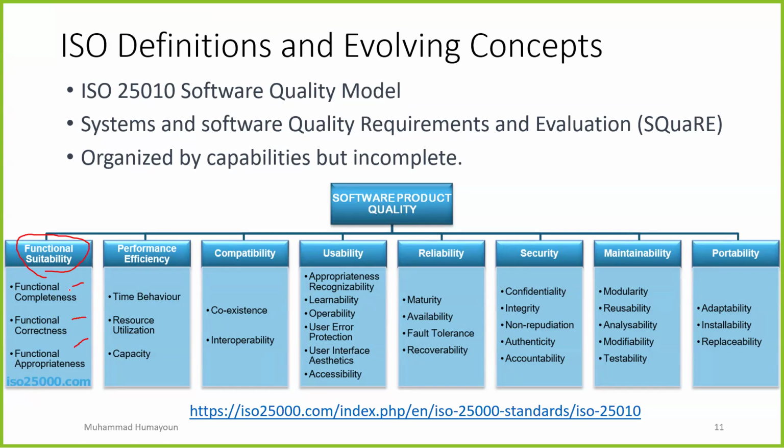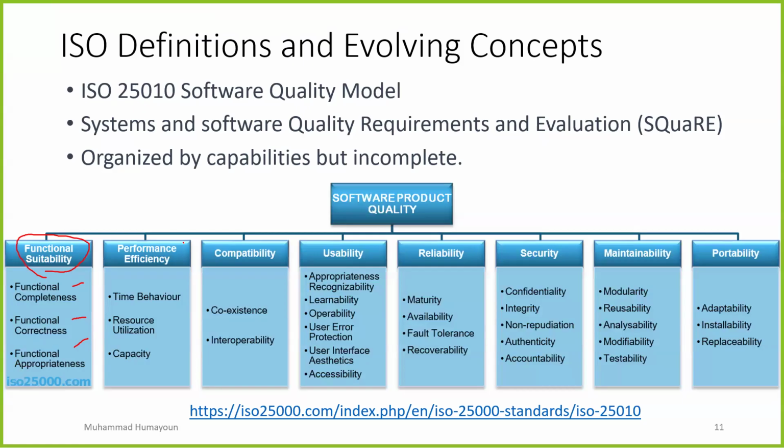So does your software provide all the functions it should support? Functional correctness, are the functionalities you provide actually done correctly according to the business processes? Functional appropriateness, the functionalities you provide, are they appropriate for the requirements given to you?